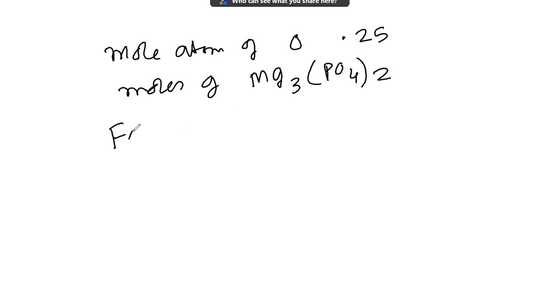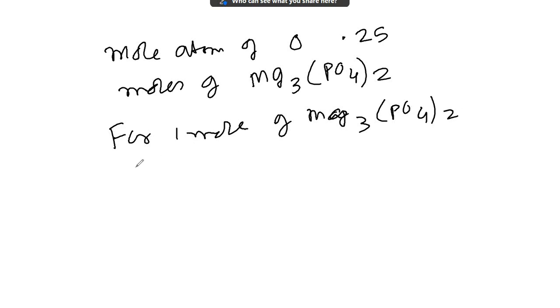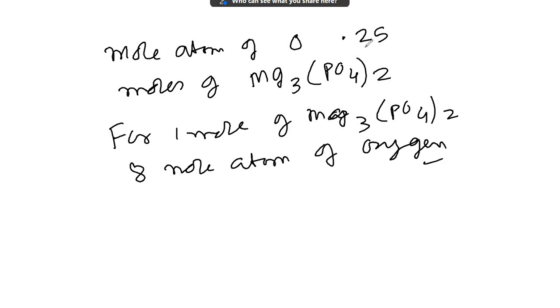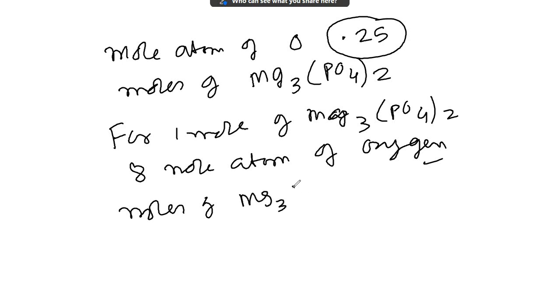For 1 mole of magnesium phosphate, we have 8 mole atom of oxygen. So moles of magnesium phosphate will be 1/8 of that.